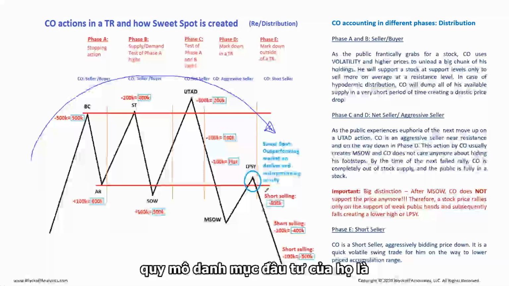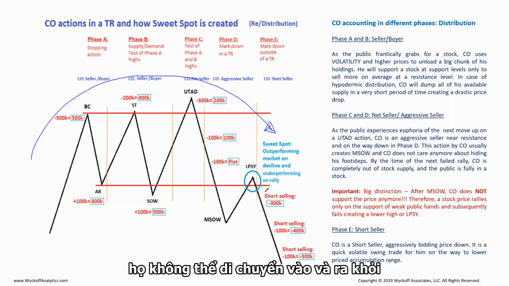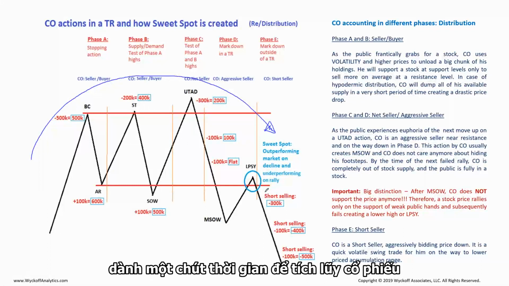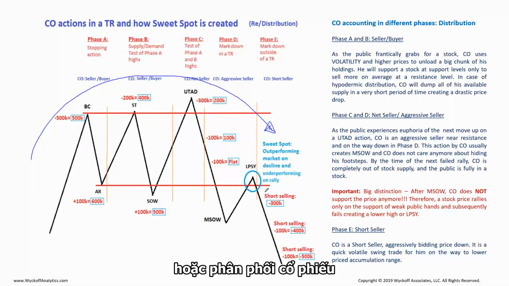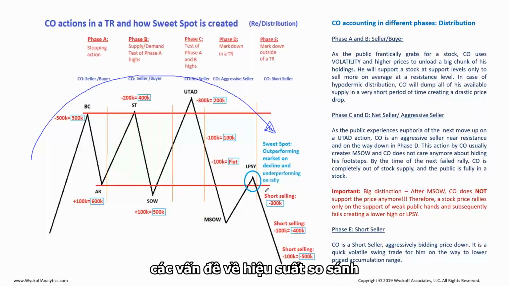The size of their portfolio is tremendous. So therefore, they cannot move in and out of the position quickly. They have to spend some time accumulating the stock or distributing the stock. Because of how they do this, the stock might experience some relative or comparative performance issues, like starting to underperform.